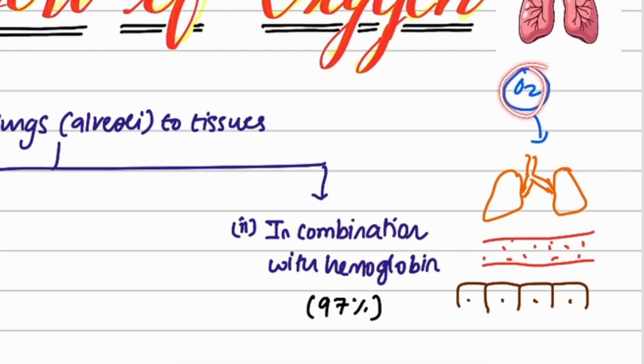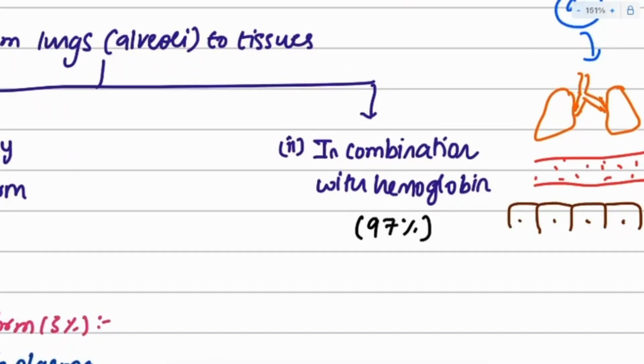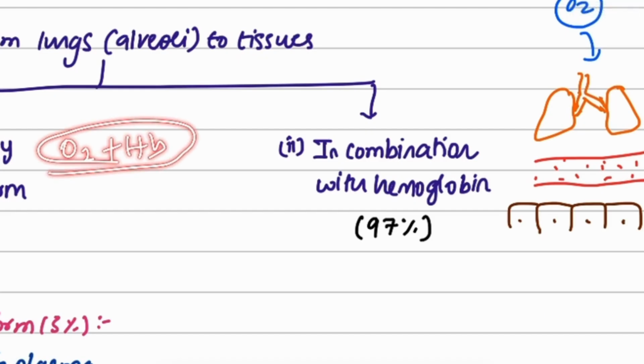Oxygen can be transported in two forms. The first one is in the physically dissolved form, that is oxygen is dissolved in the plasma and transported, whereas in the second form, oxygen combines with hemoglobin and it is transported to tissues. So let us talk about each and every transport form in detail.